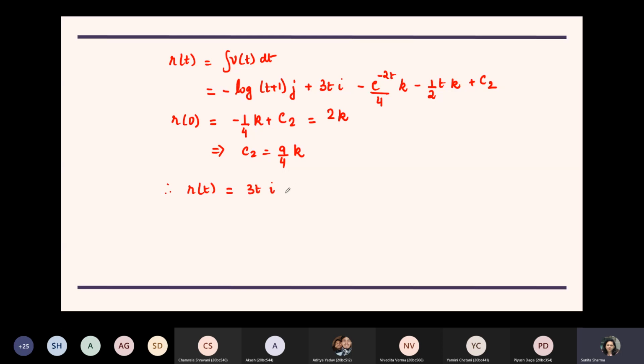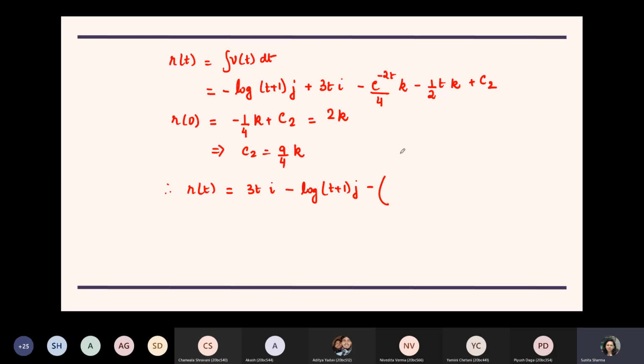So r of t, we again now write the final expression. The i component first, then comes the j component. Now the j component only has this term because C2 has no j component, it only has the k term. So we'll have only this term, minus log t plus 1 j.